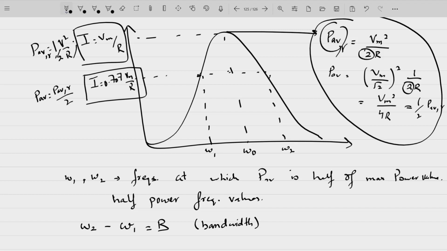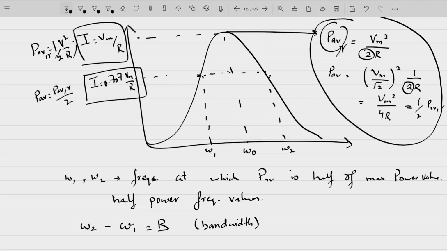When your current value is equal to 0.707 Vm divided by R, and you take this formula of average power, Vm square divided by 2R, you will see that the average power is half of the maximum power. So you will say that at these two particular values the power is half.